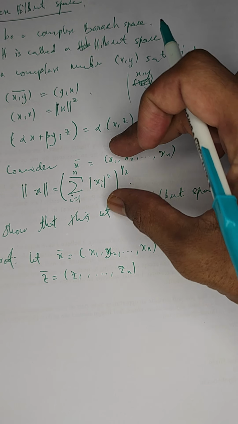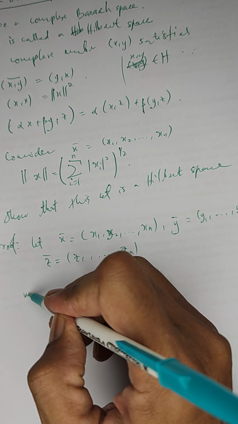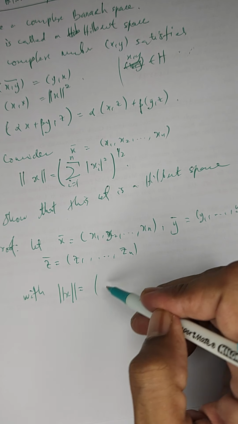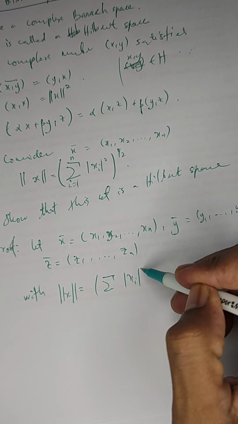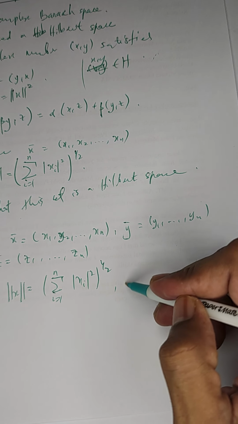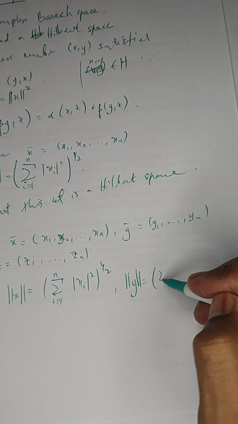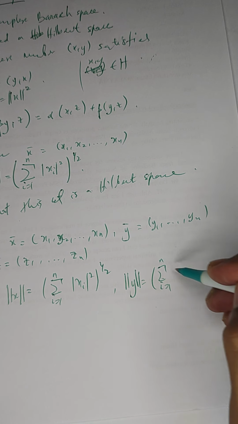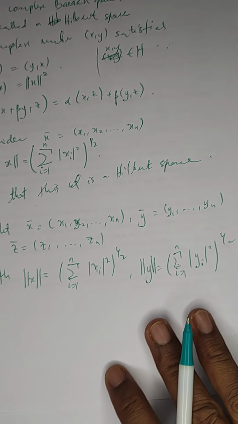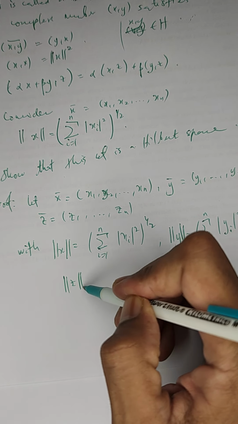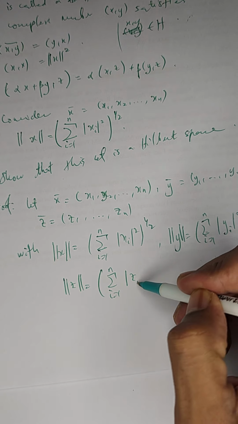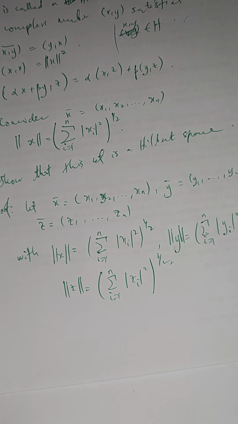The norm of x is given by the sum from i equals 1 to n of the absolute value of xi squared, to the half, and the norm of y is the sum from i equals 1 to n of the absolute value of yi squared, to the half, and the norm of z is the sum from i equals 1 to n of the absolute value of zi squared, to the half.